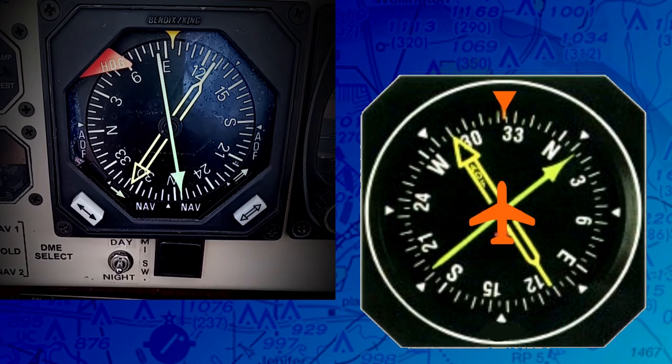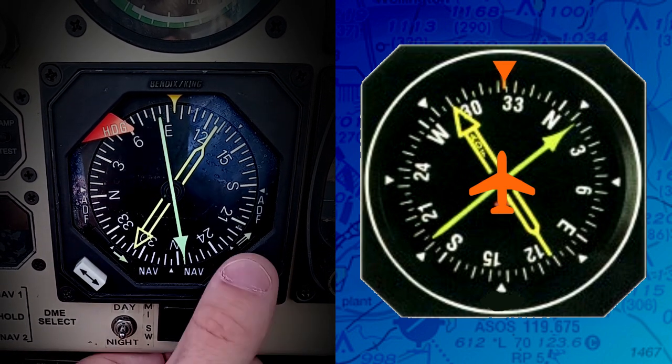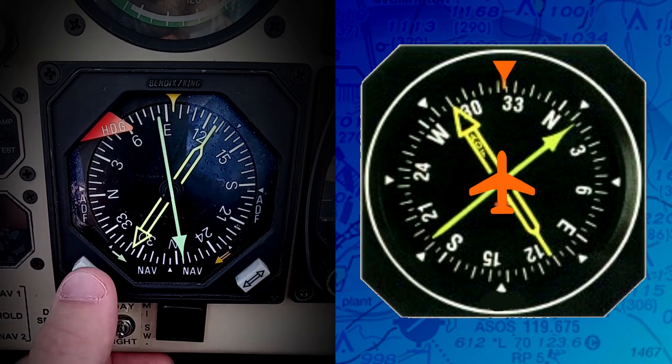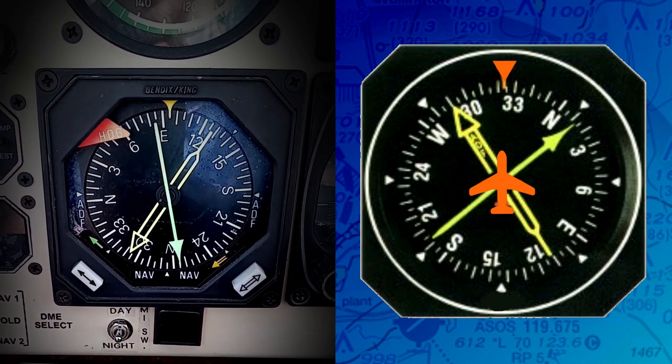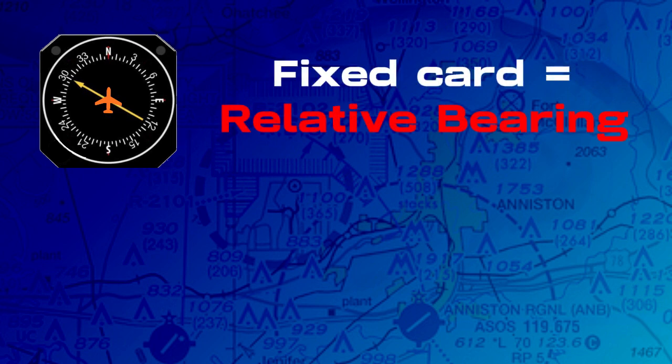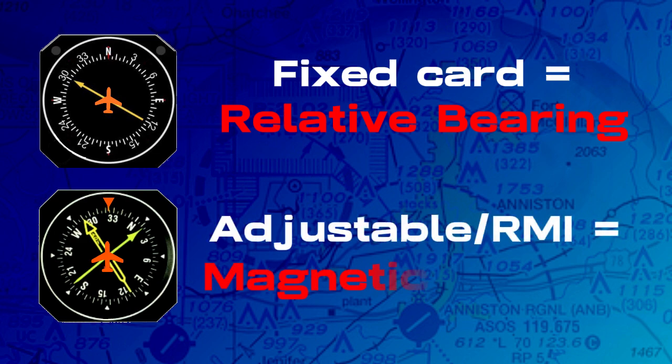The card of an RMI is slaved to a compass, so it automatically shows the aircraft's magnetic heading. Like the one in this Beechcraft, they often have two needles and are capable of tuning in a VOR as well. A fixed card bearing indicator will point to the relative bearing. An adjustable card indicator, or RMI, will display magnetic bearing.